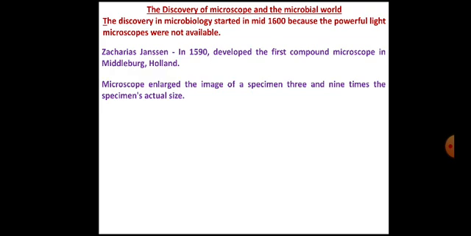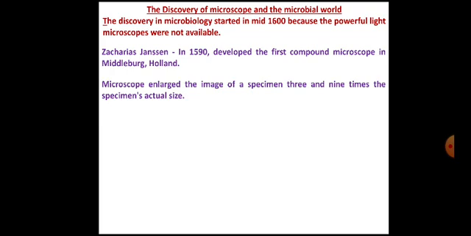The first microscope was constructed in 1590 or 1595, and it was developed as the first compound microscope in Holland. The inventor was Zacharias Janssen.